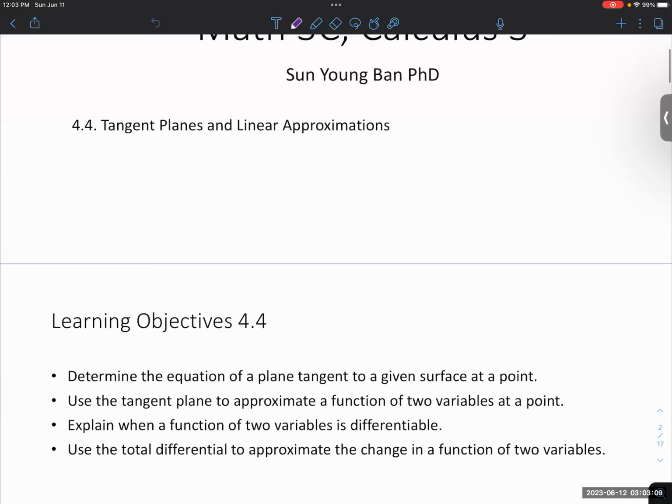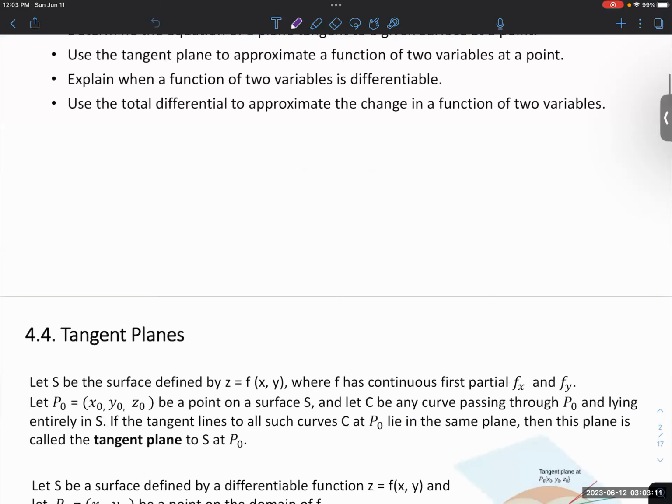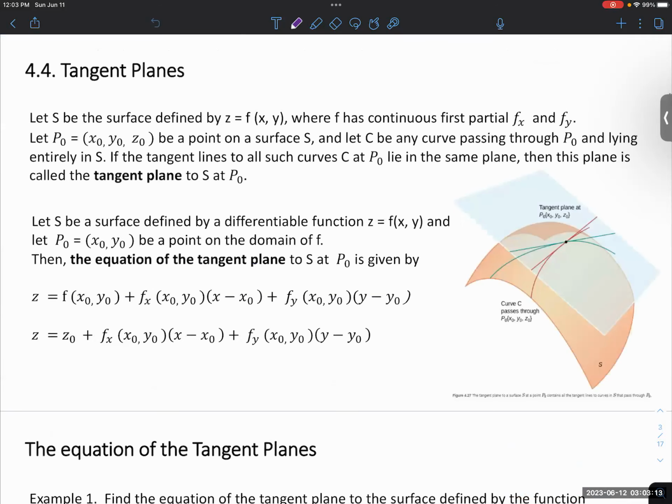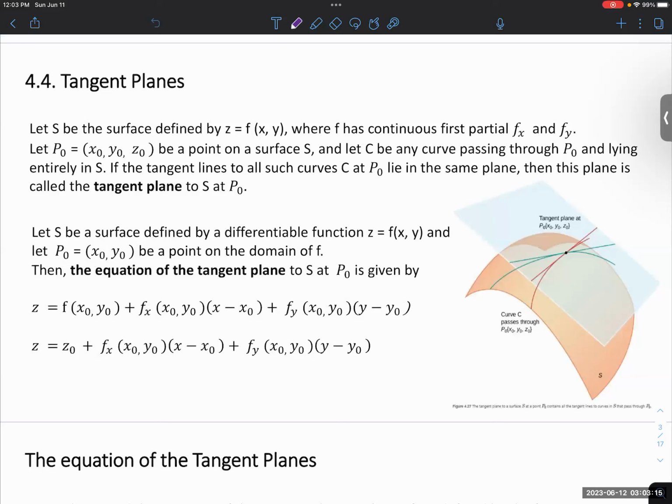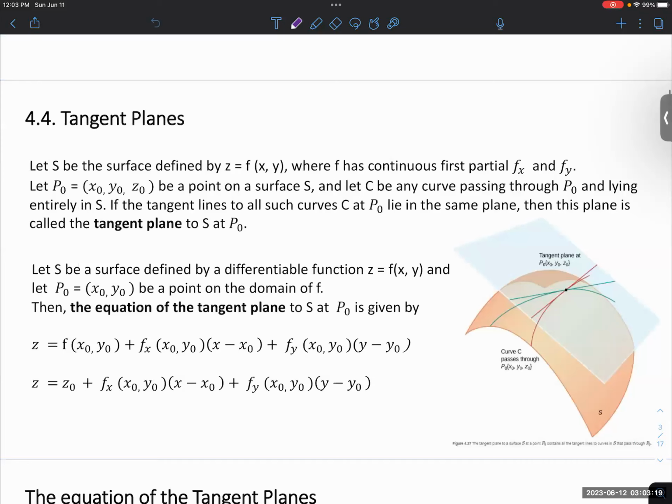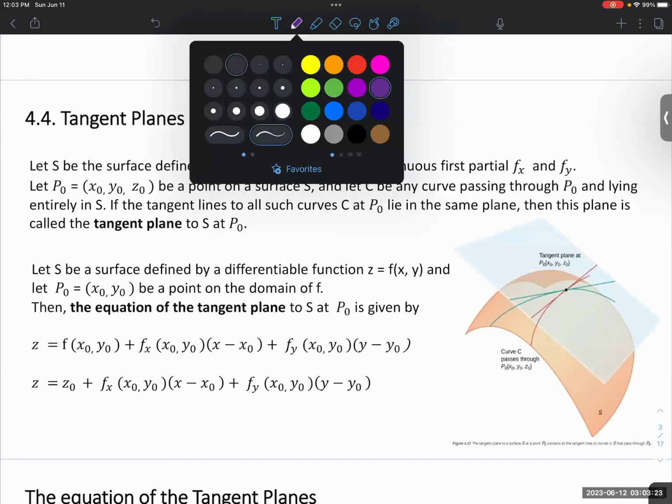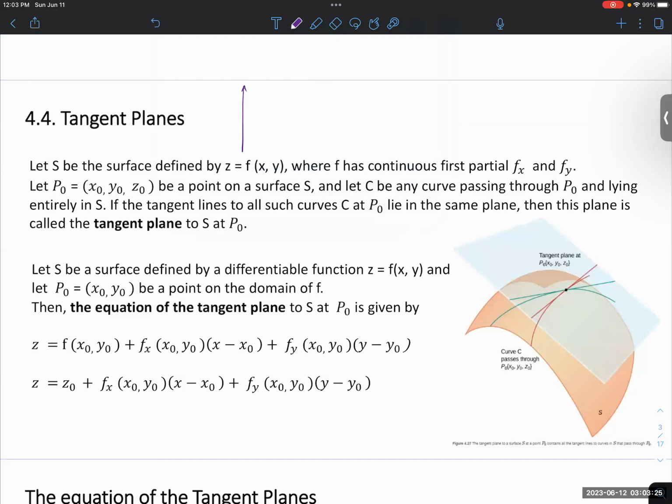So here we go. It's a little bit of background on the tangent line. If you remember, when we are dealing with one variable, we had a function, let's say f of x, and I want to find the tangent line touching at this point.